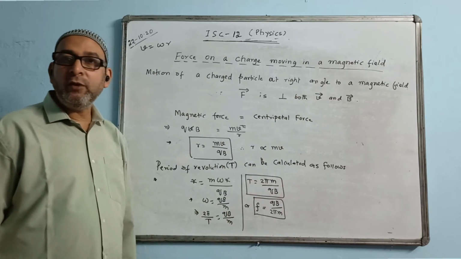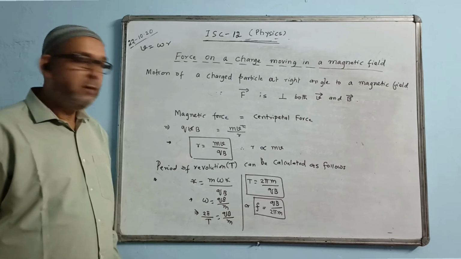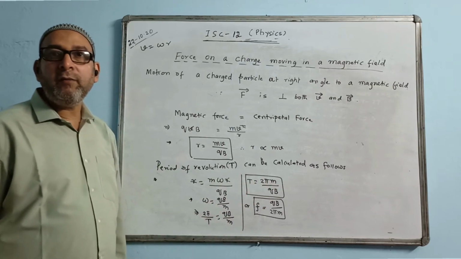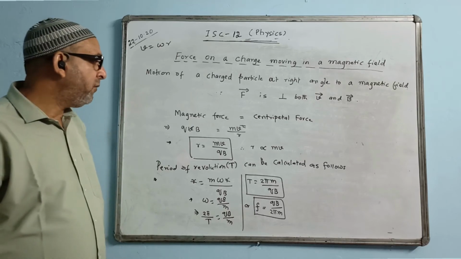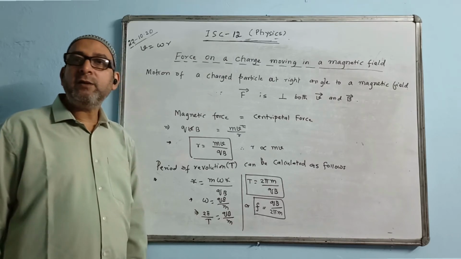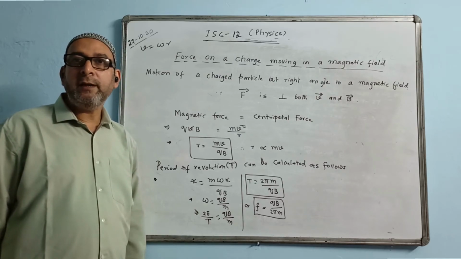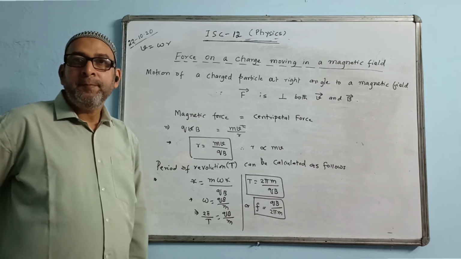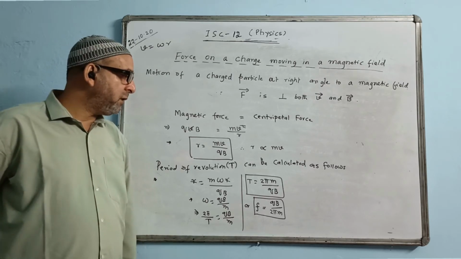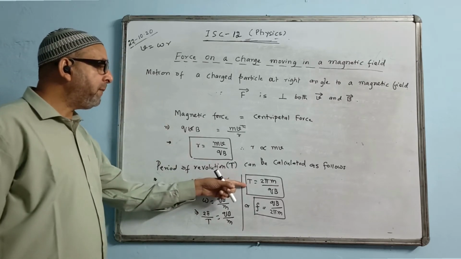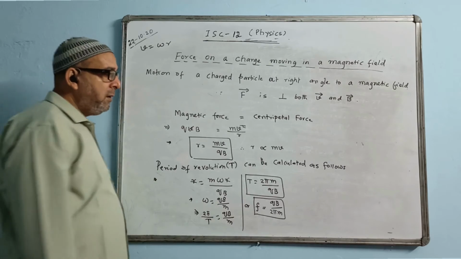Hence the period of revolution is independent of the velocity and the radius of the circular path. And this is the derivation of radius, and this is the derivation of time period and frequency.